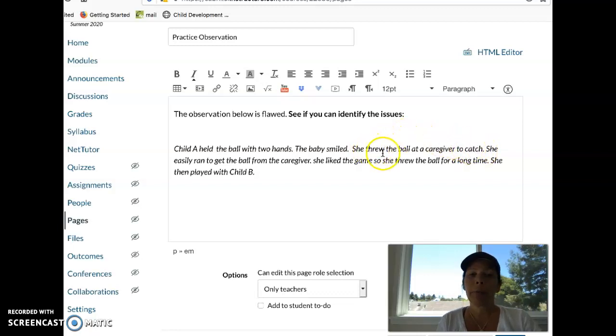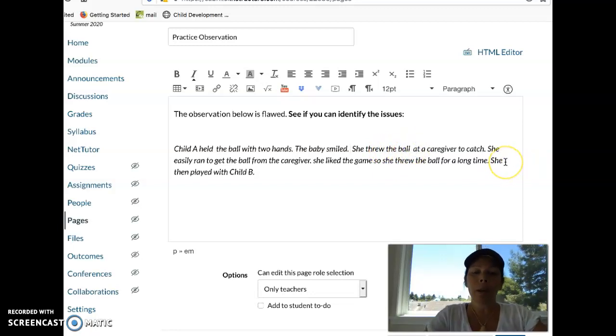Okay. She threw the ball at a caregiver to catch. So a couple of things here. One is she threw the ball. How? Did she throw it with two hands, with one hand, up, down, across? So let's see. Again, just using my imagination because I don't have an actual video that I'm referring to like you will have. I'm going to write something to the point of she threw the ball with two hands.